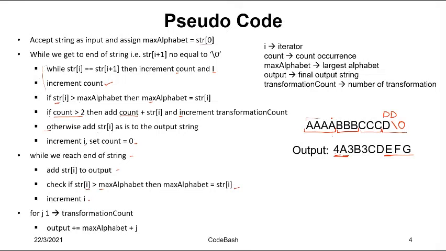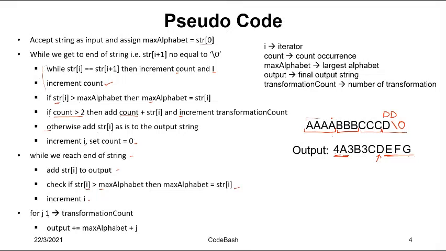Now we have another for loop, which is basically for the last part, which is to add the characters in the end, which would be successors of the max alphabet, which is D over here. And this D need not be at the end, it could be anywhere in the string.